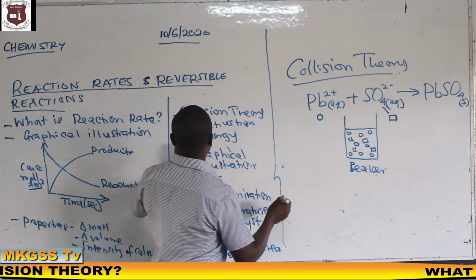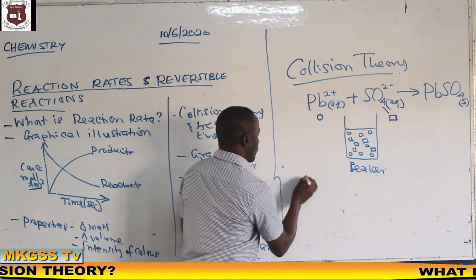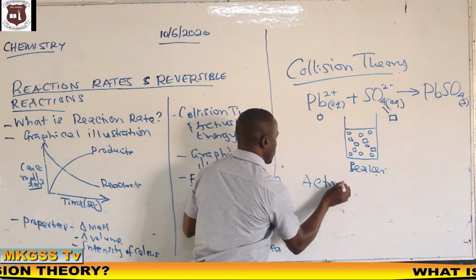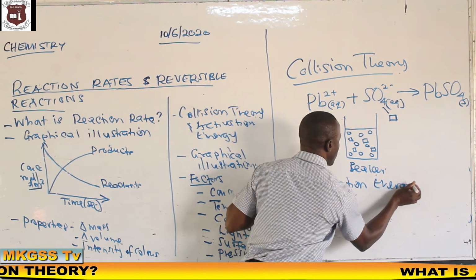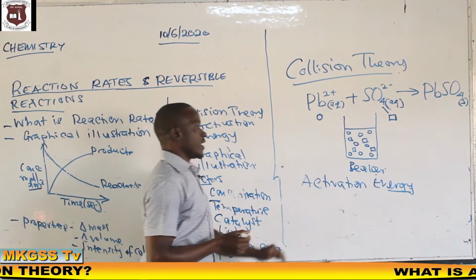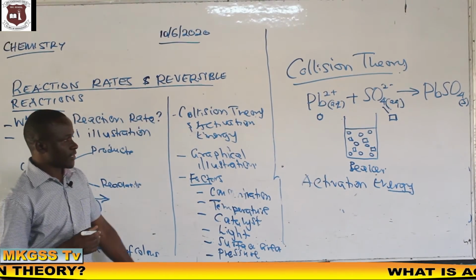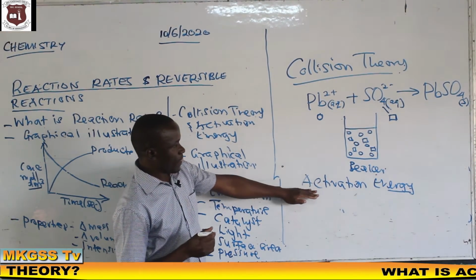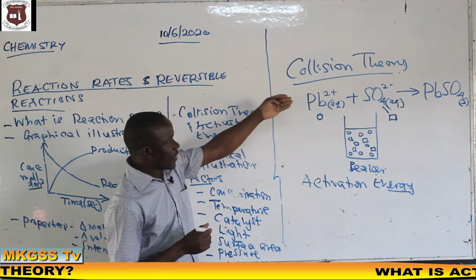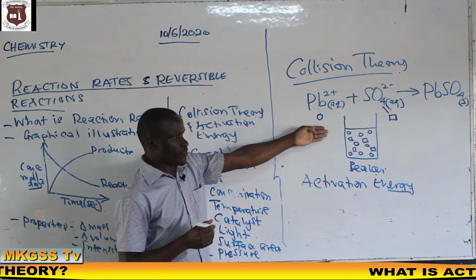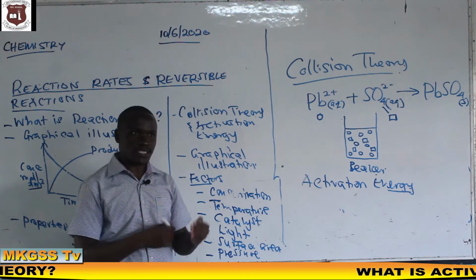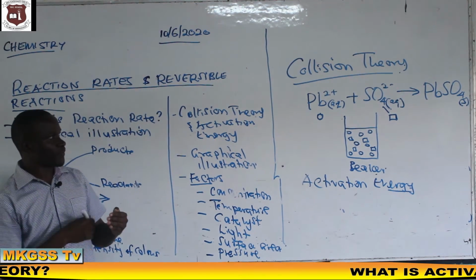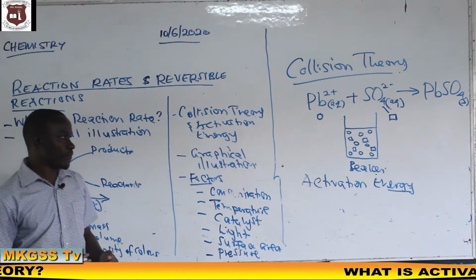And that brings us to the concept of activation energy. Activation energy means that the reacting particles need some minimum amount of energy to cause successful collision so that the particles can combine to form products.